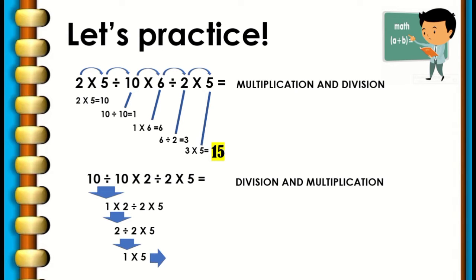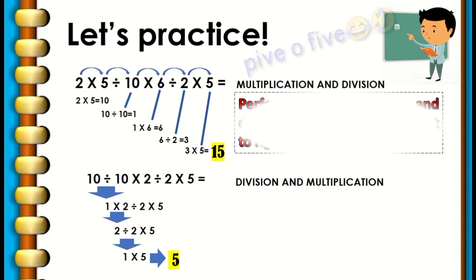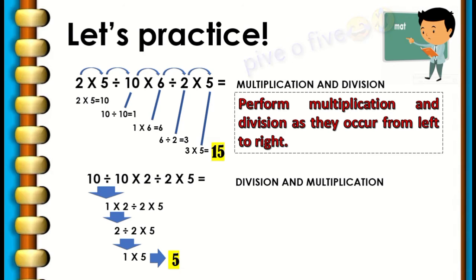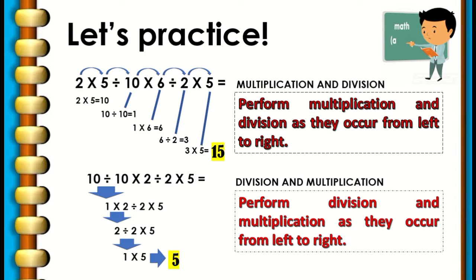We have 5. In multiplication and division, perform multiplication and division as they occur from left to right. Ibig sabihin, magmumultiply kayo o magdi-divide kayo, you start at the left side going to right side. So, madali lang siya.